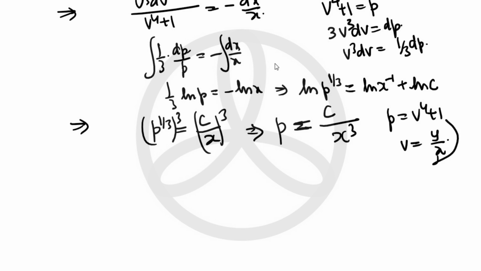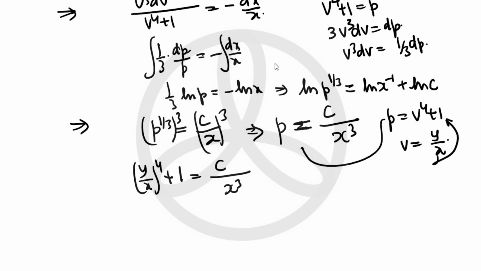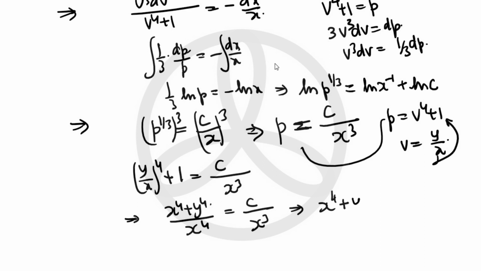And the moment we substitute v is equal to y over x here, we will get (y over x) to the power 4 plus 1 is equal to c over x^4, and this will become x to the power 4 plus y to the power 4 over x to the power 4, and this will give us nothing but x to the power 4 plus y to the power 4 equal to c.